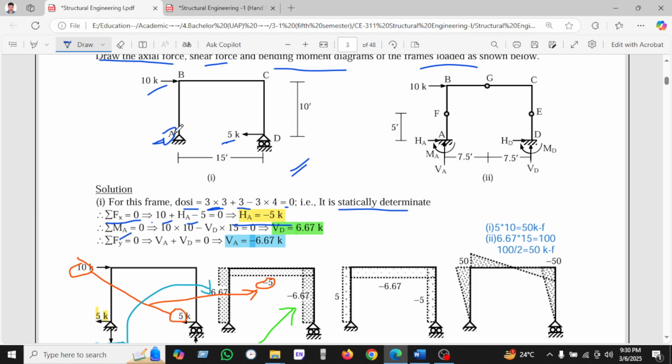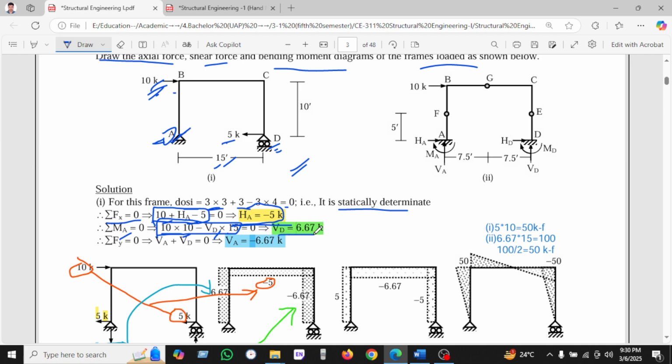And for summation of moment we're taking the moment here, 10 into 10, and this is one portion and this is another portion. So now we're calculating this portion. At first 10 into 10, and BD, this is the vertical of D, and it will be 15, and this is the 15 length.